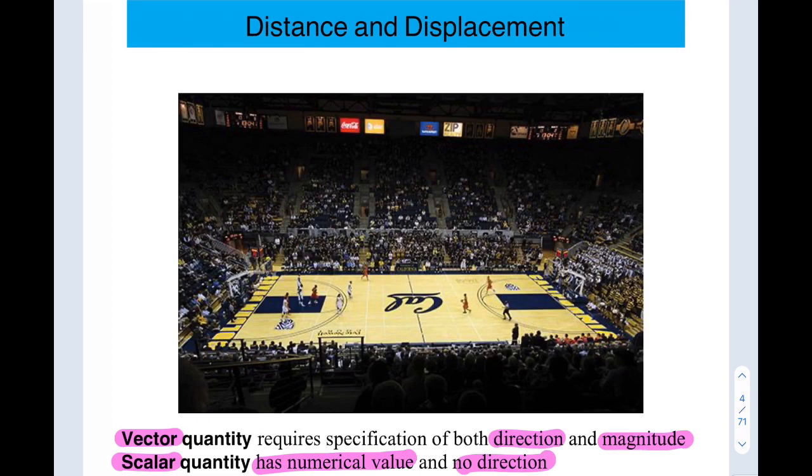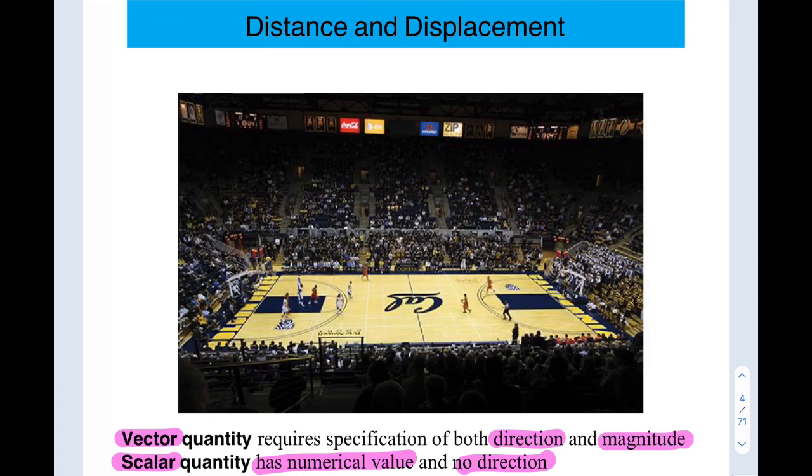For example, take a basketball player in one hour of game, moving all over, back and forth. The displacement for the player is almost zero, because when he or she starts here, he or she will end here as well. So x final is the same as x initial, therefore delta x equals 0.